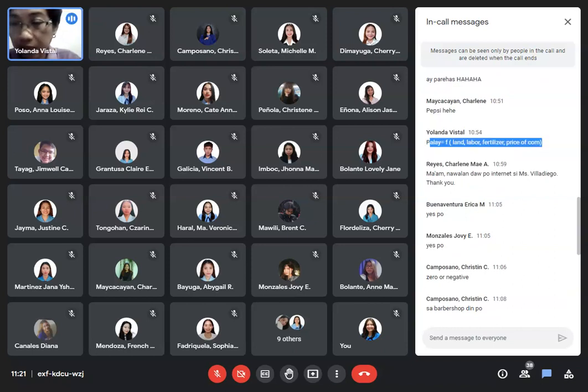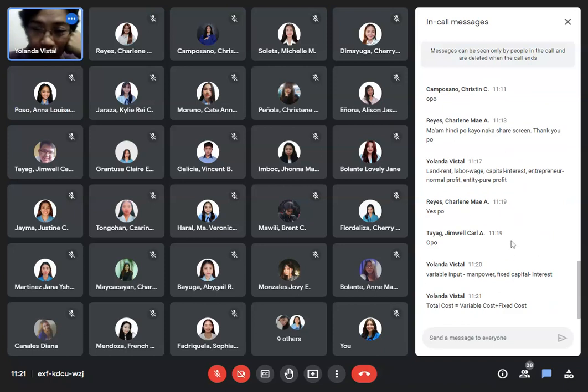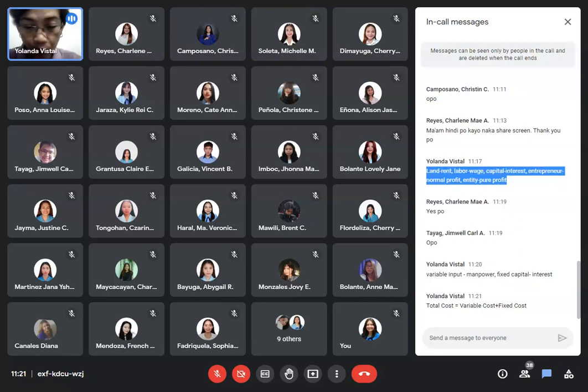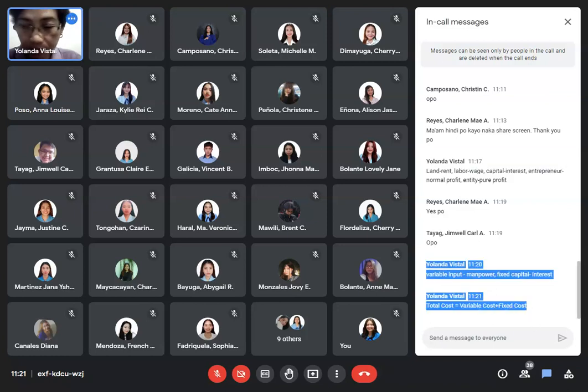So since naman na fixed yung equipment or capital, tama? When we compute for marginal cost, we associate it to the change in total cost over the change in labor.